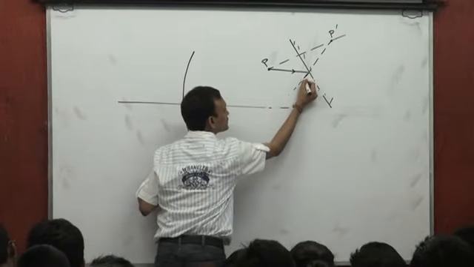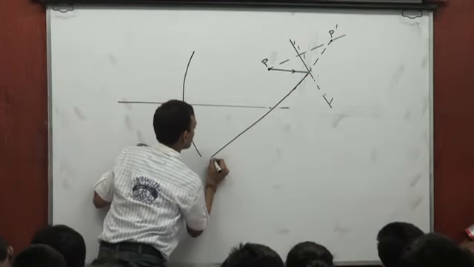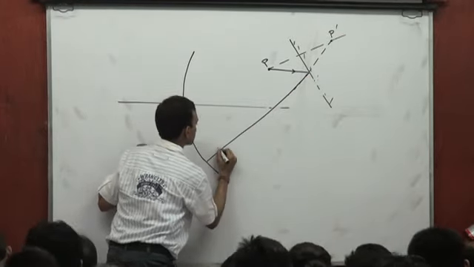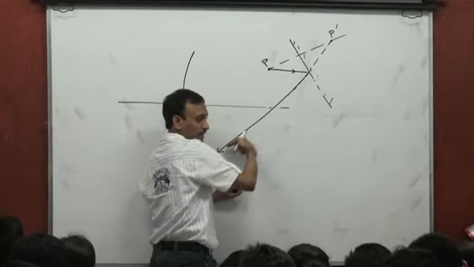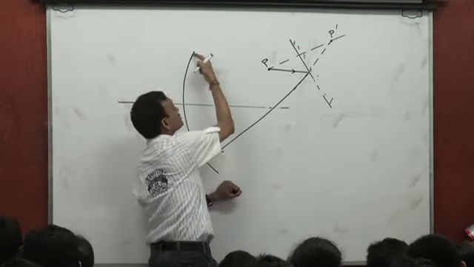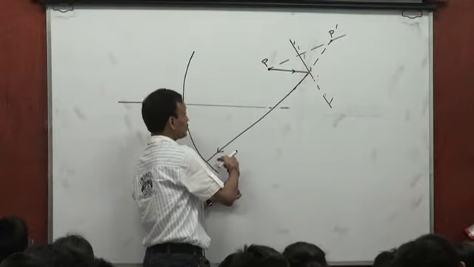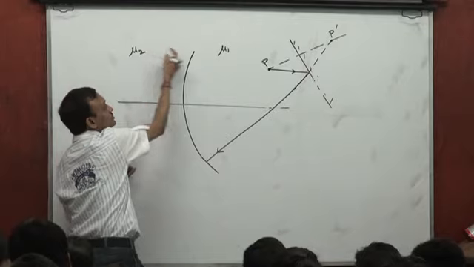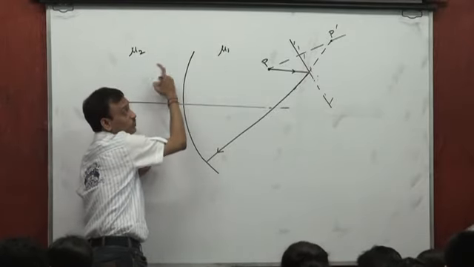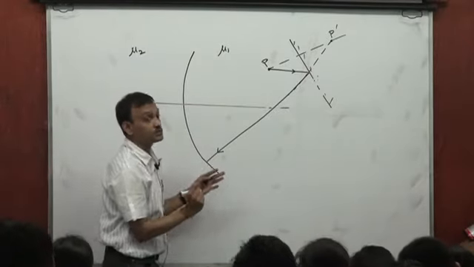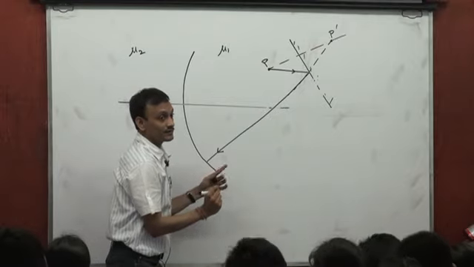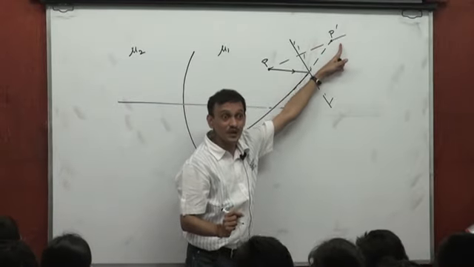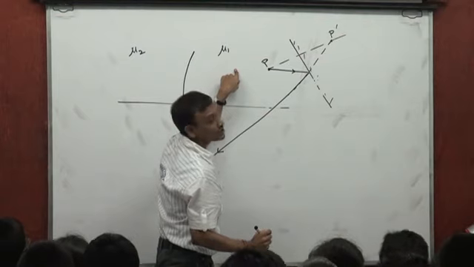Now rays of light that are getting reflected from the mirror are incident on this surface. As far as this surface is concerned, separating mu1 and mu2, what's the object? P prime. The object is P prime, and it does not lie in mu1.